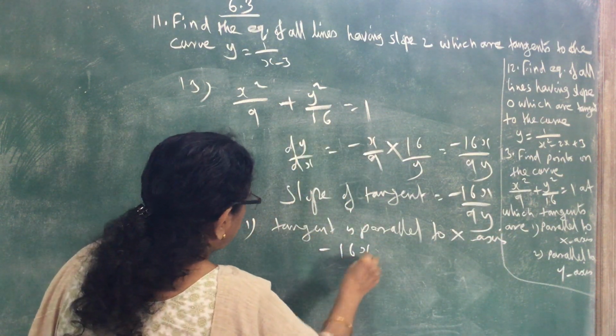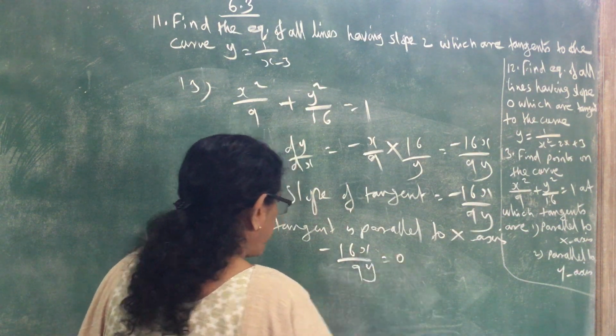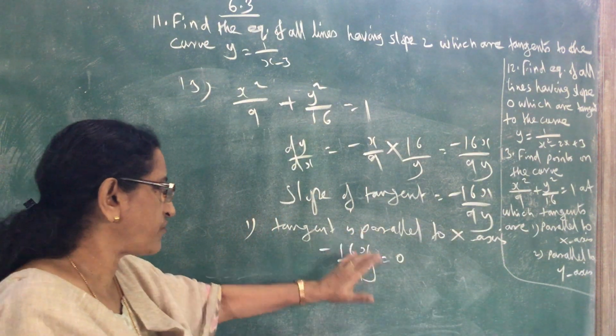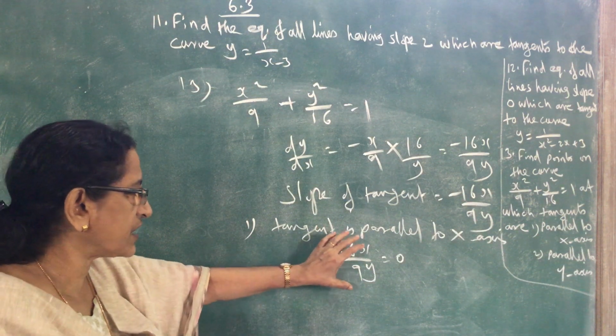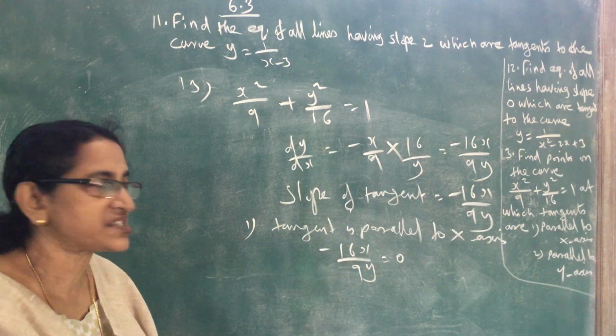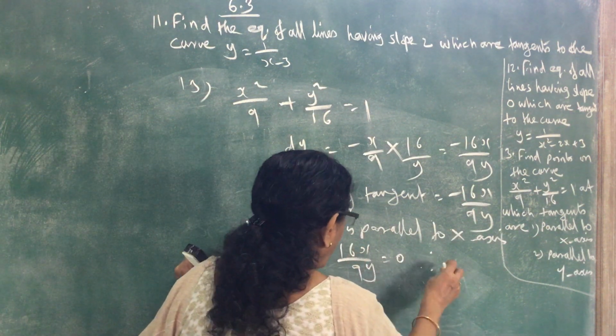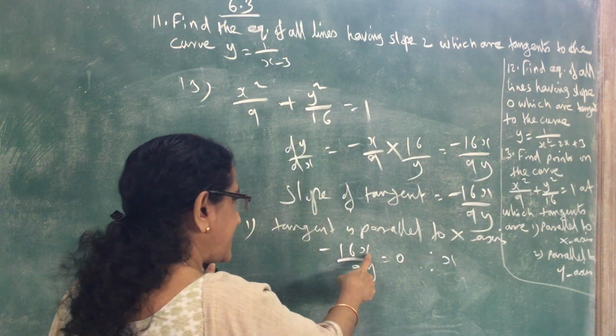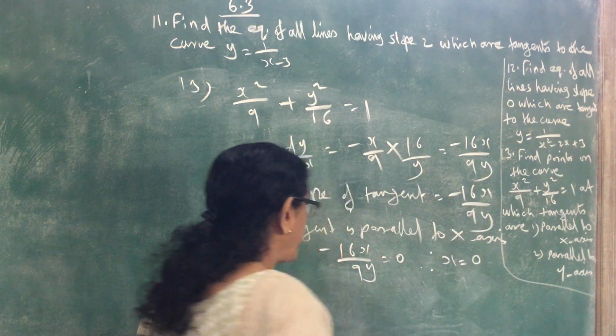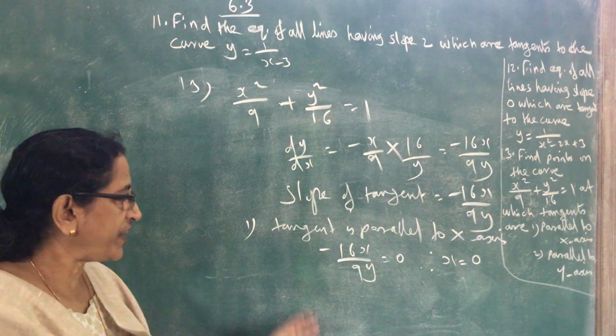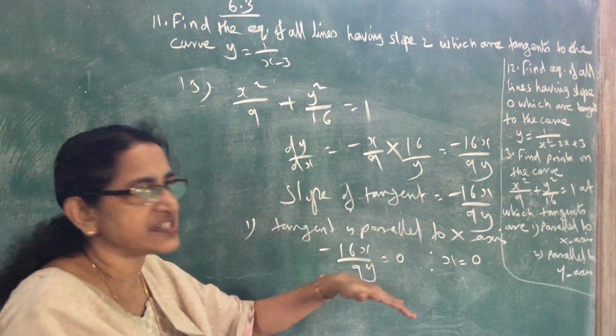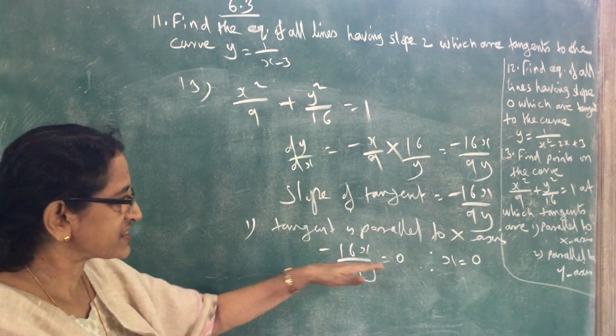Minus 16x by 9y equal to 0. Here x and y are the variables, so a fraction equal to 0 means the numerator is 0. Therefore minus 16x is 0, that is x equal to 0. So when x equal to 0, the tangent is parallel to the x-axis. So we got the x coordinate.